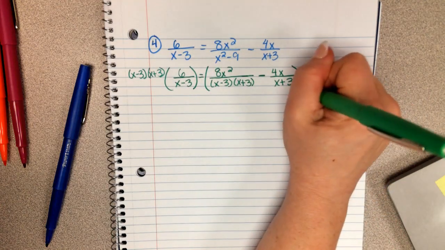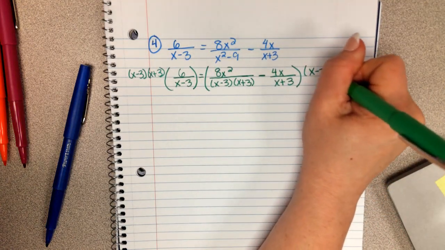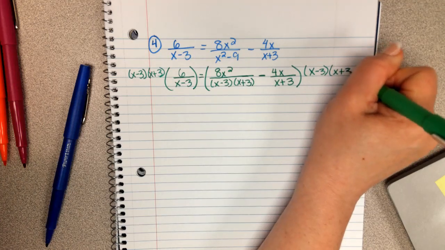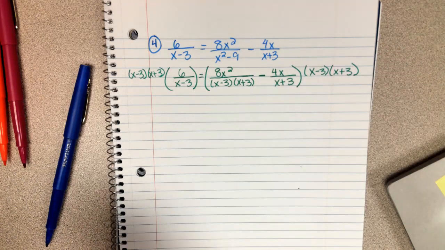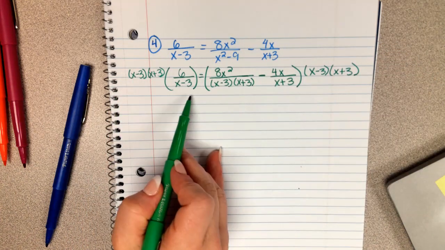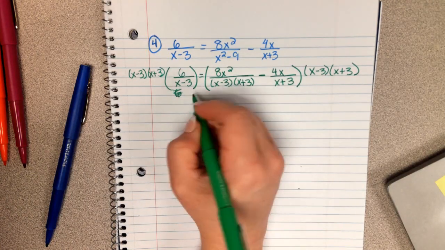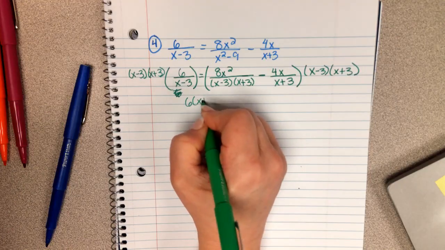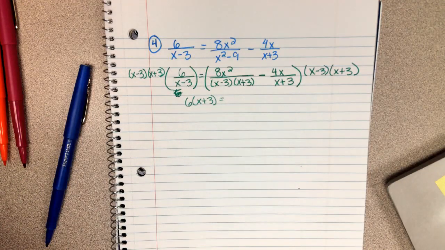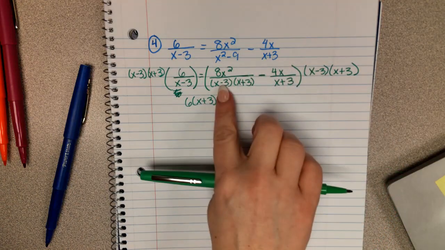And I'll do the same thing to this side. I'll multiply it by x minus 3 times x plus 3. Now when I do that, on this side here, the x minus 3's will cancel. And so I have 6, I'm going to skip a line just for clarity, 6 times x plus 3 on the left. And remember, I'm distributing.